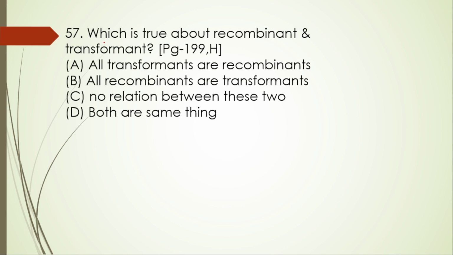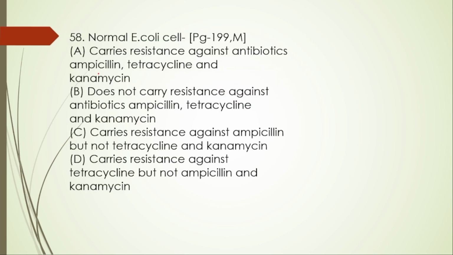Next question, 57th one. Which is true about recombinant and transformant? All transformants are recombinants? No. All recombinants are the transformants? Yes. 58th one. Normal E. coli cell carries resistance against antibiotic ampicillin, tetracycline and kanamycin.